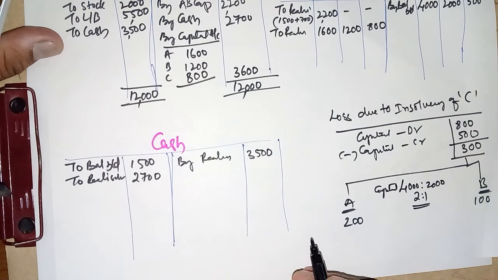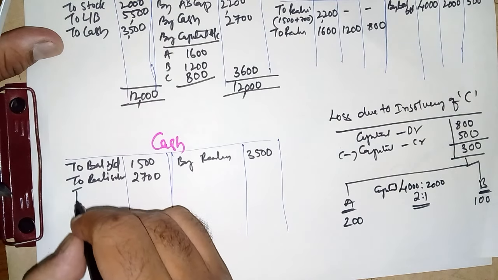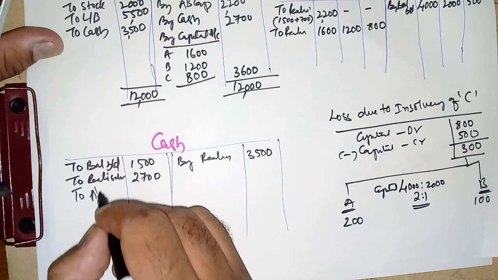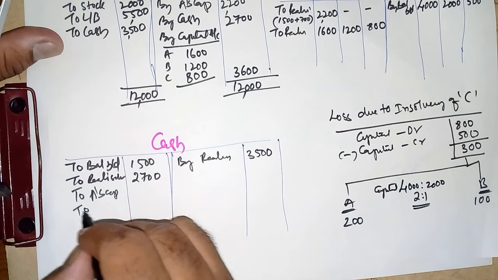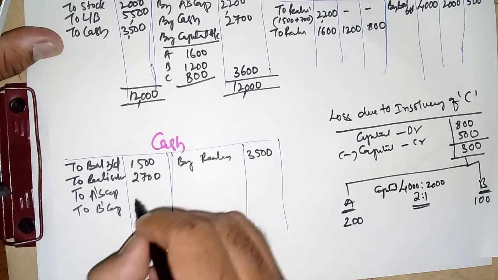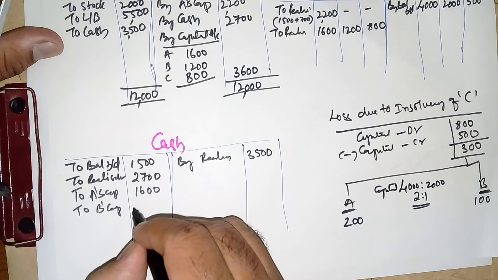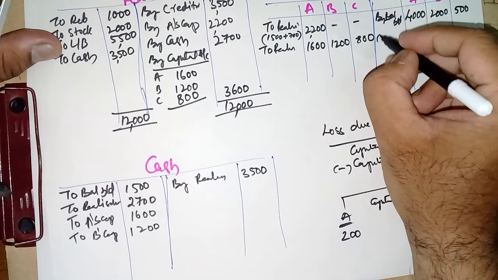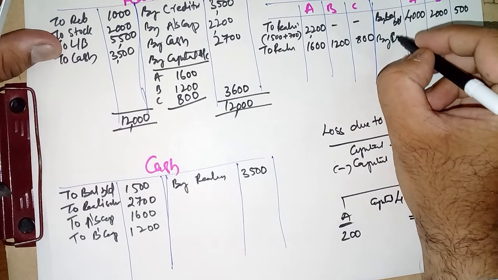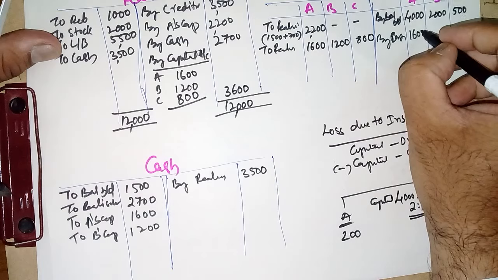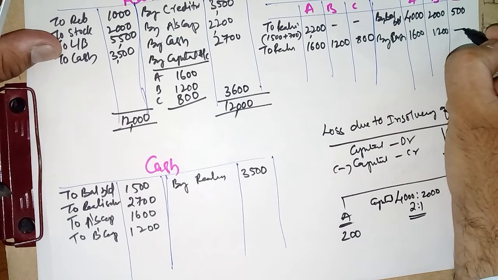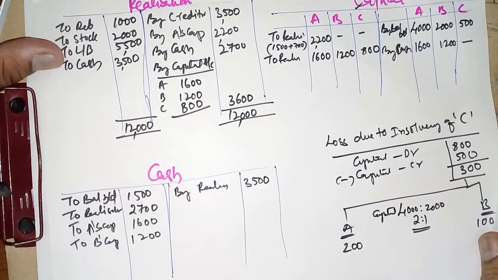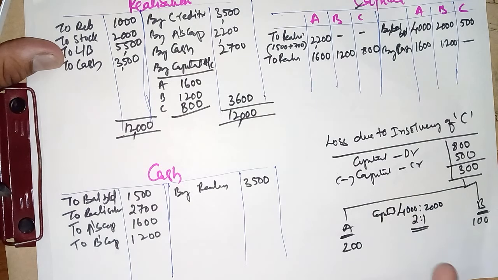For that, I have passed the entries in the earlier problem, so directly I'll do the ledger posting. The entry would be cash account debit to partners' capital accounts, solvent. Who is solvent here? A's capital and B's capital. So the loss of 1,600 and 1,200 these people will bring. And in the capital account we write by cash account 1,600 and 1,200. Right, once this is done, now distribute this loss.